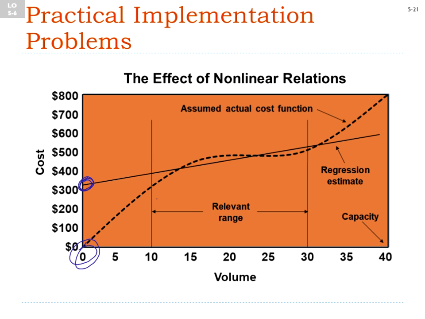And then if we look at the far end of the chart, once we approach a volume of around 40, our regression line indicates about $550 of cost, whereas in reality it's around $800.